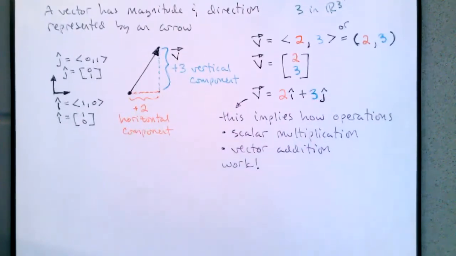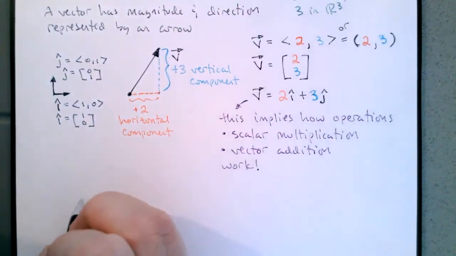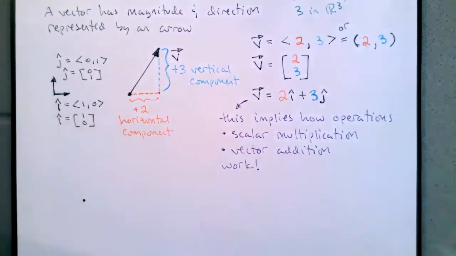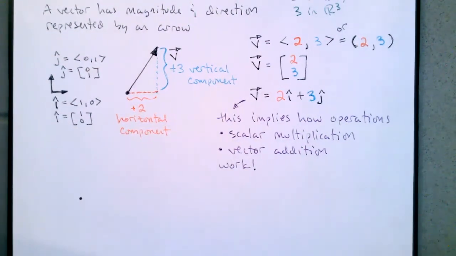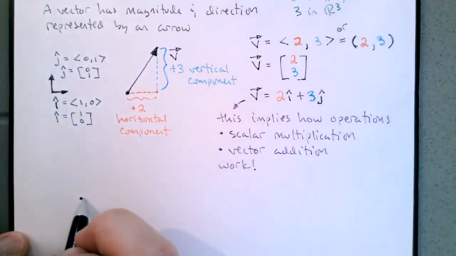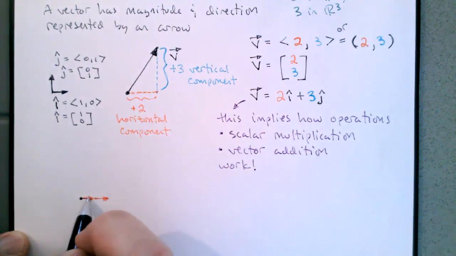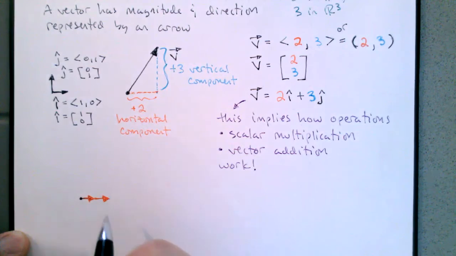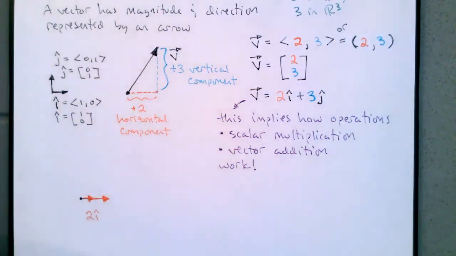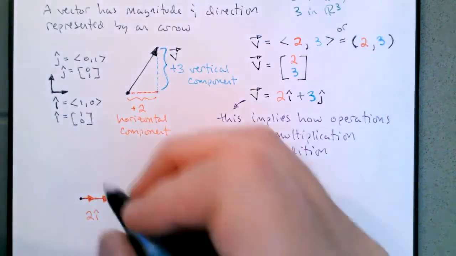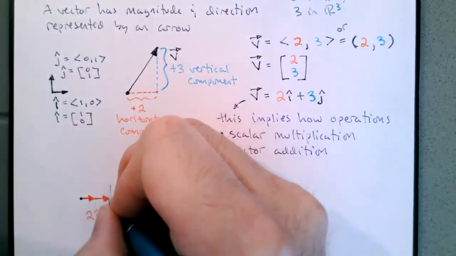Because I'll take 2 copies of the I vector to make this vector v. I'll need 2 copies of the I vector, just stacked end to end. And then onto the end of the 2 I vectors, I'll stack 3 j vectors.